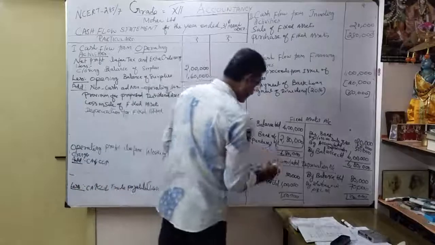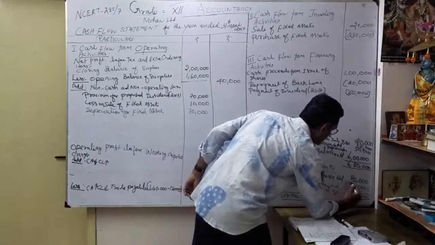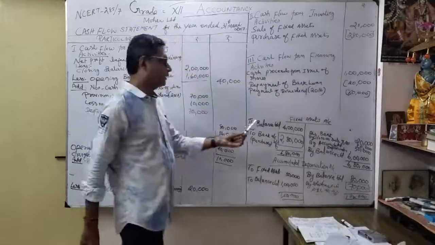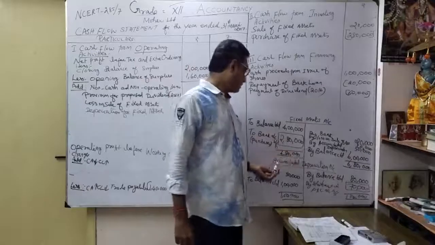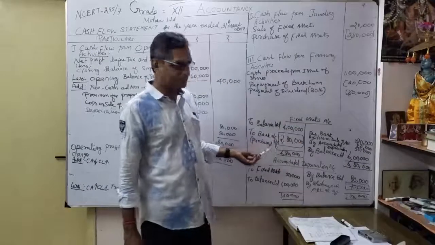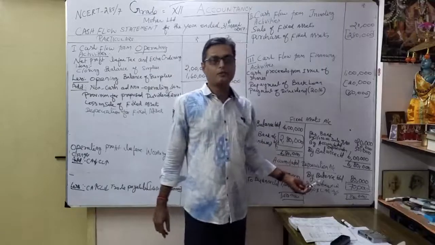The preparation of the accumulated depreciation. This is my balancing figure, put highlight like this. Correct? You understood now? So why we prepared fixed asset account and accumulated depreciation account? For fixed asset account, we found purchase of fixed asset. For accumulated depreciation account, we found how much depreciation we want to show in the profit and loss account.